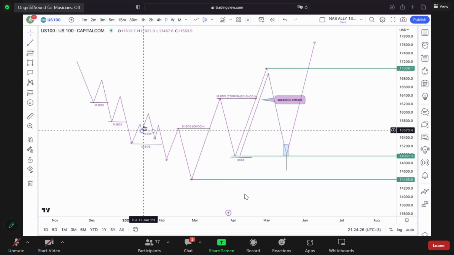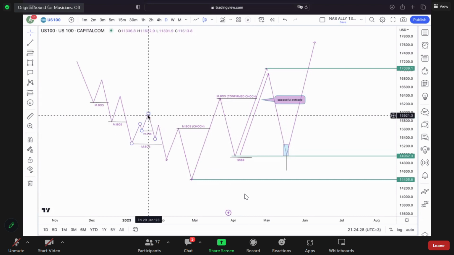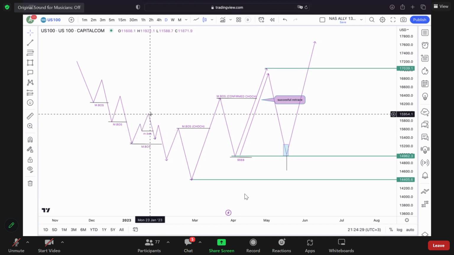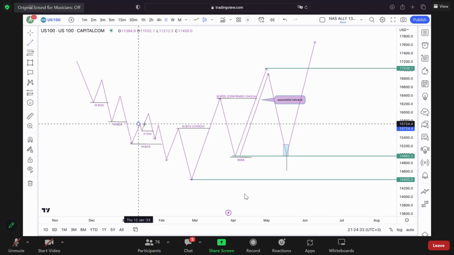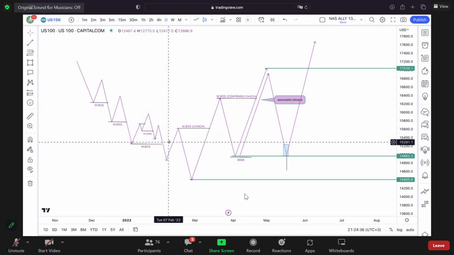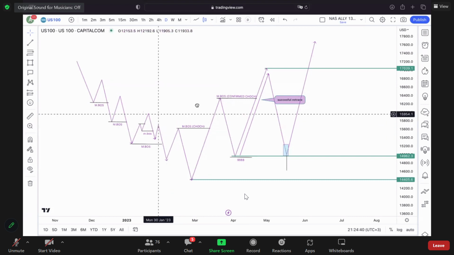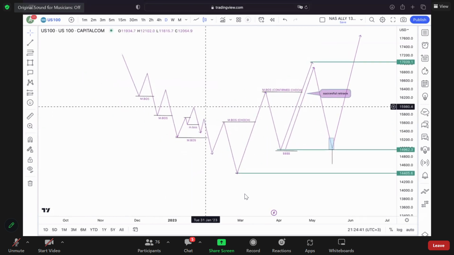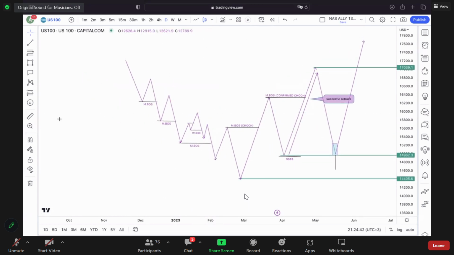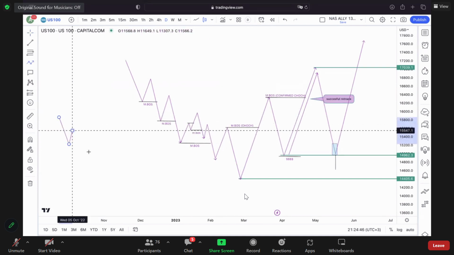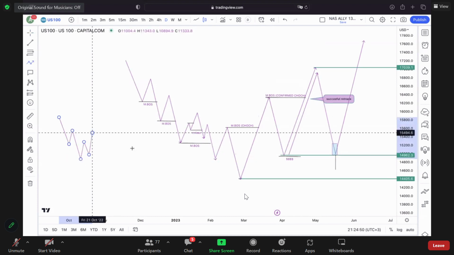Yeah, because remember, this isn't a change of character, right? How is this a change of character? Because what is this? Also a minor break of structure. Do you see? A lot of you are getting confused by seeing the market coming down, and then you see this, and you're calling this your change of character.